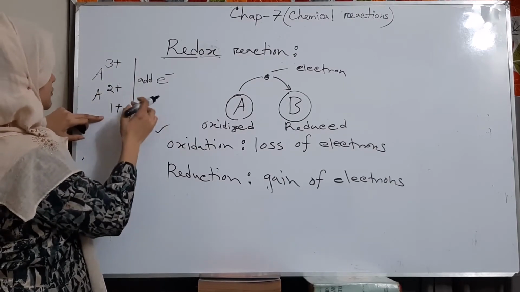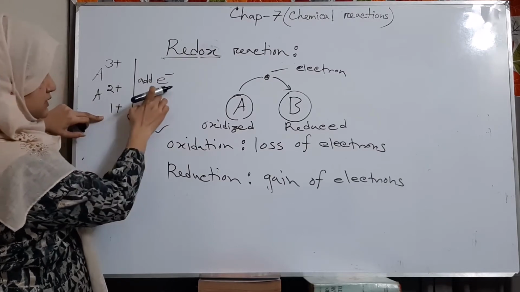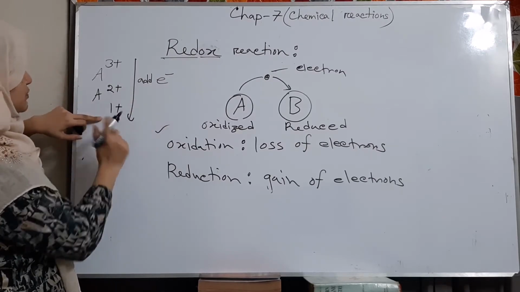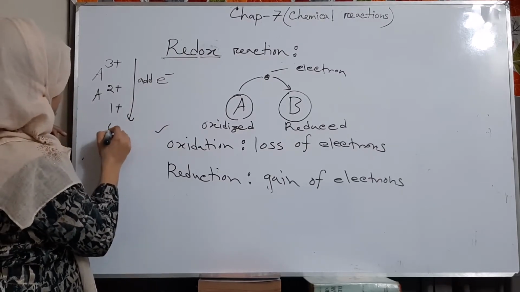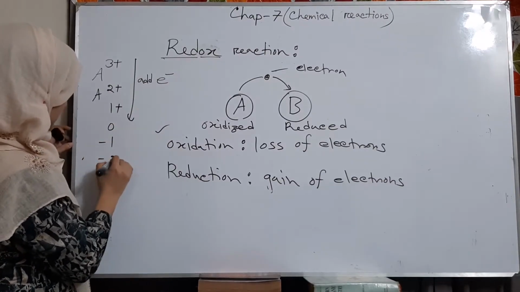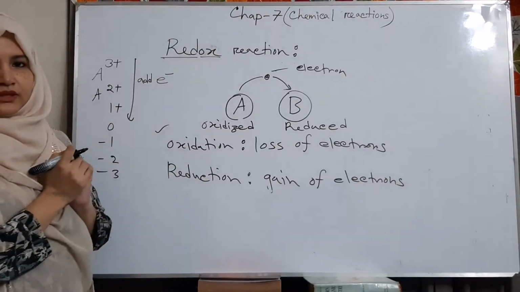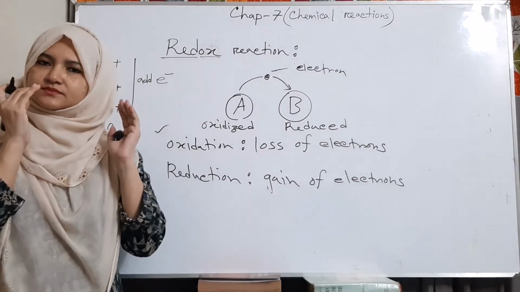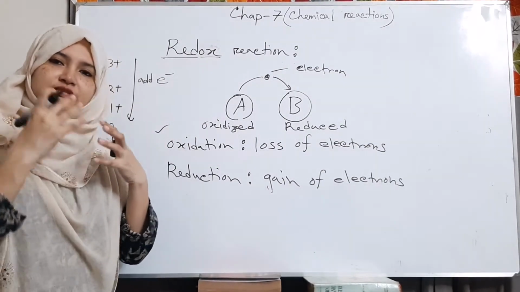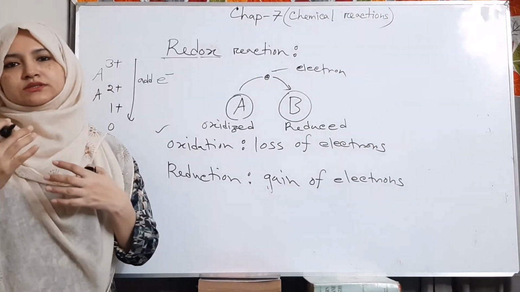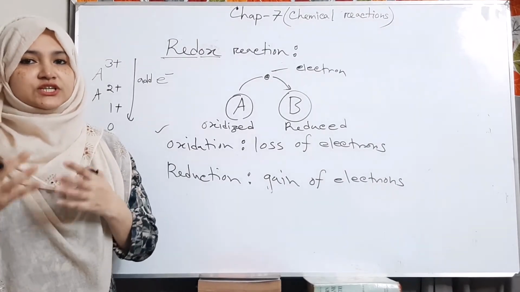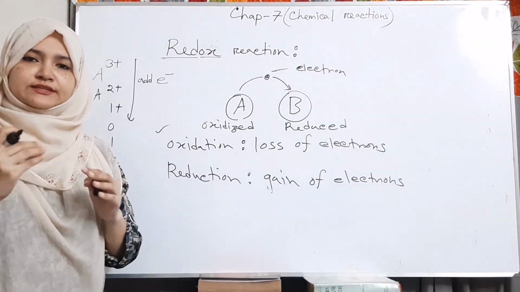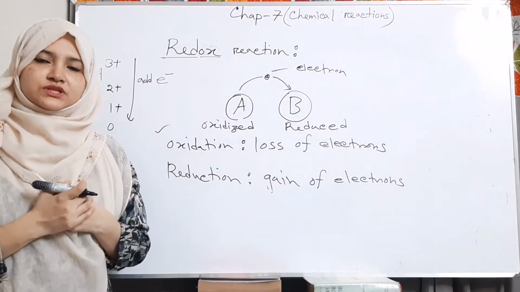If we add another electron, then it will be +1, and then 0, -1, -2, -3. That means as we add electrons, the charge on any atom is reduced.